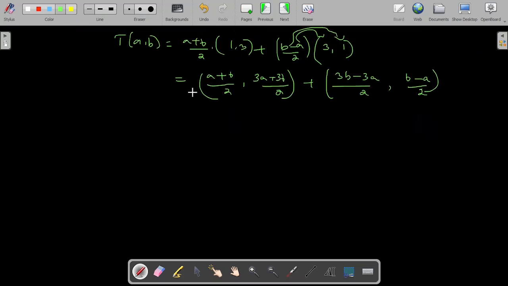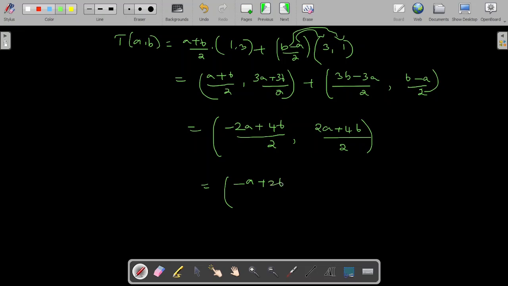Now after simplifying, we will get, add these two. (a minus 3a) is minus 2a, plus 4b, by 2, comma here 3a minus a, 2a plus 4b by 2. So this gives you (minus a plus 2b) comma (a plus 2b).